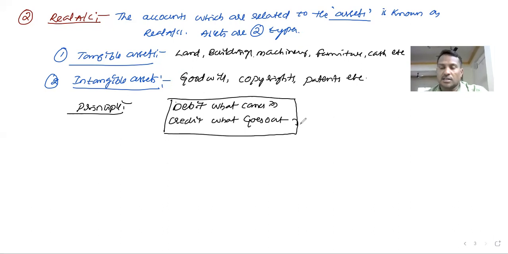Right, we move to the last account, the nominal account. Yes, my dear students, this is the last account we are going to discuss according to the double entry system. What is the meaning of nominal account?